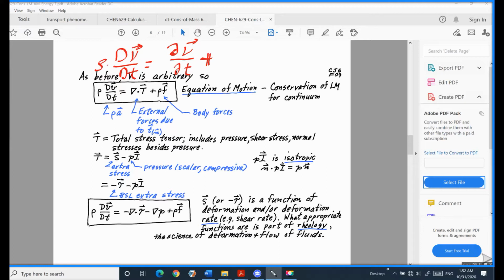Density is constant. Let me show this in another way.